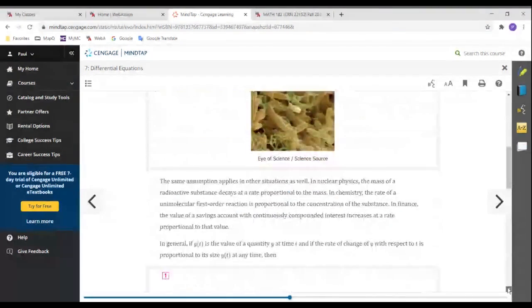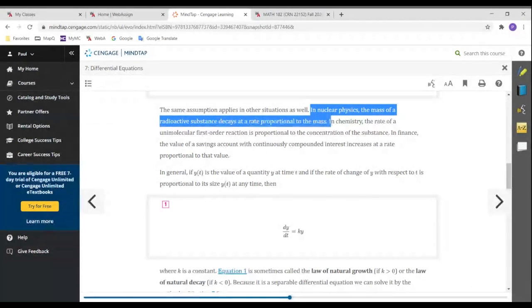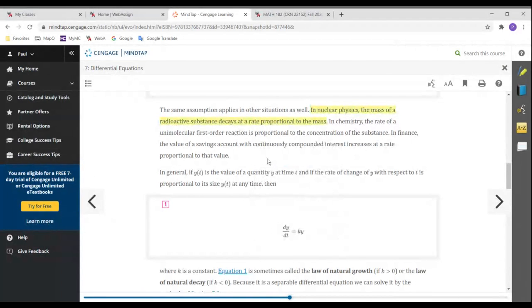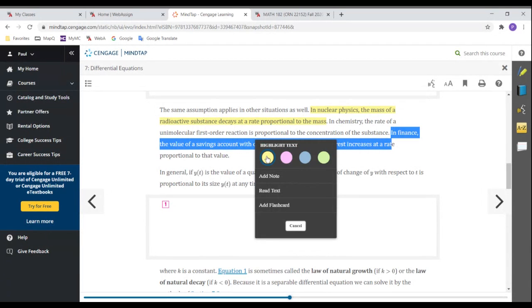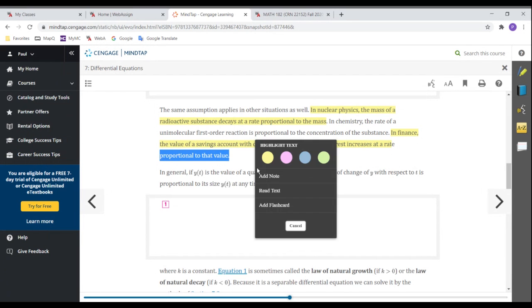So going down here, they mention nuclear physics, where radioactive substances decay at a rate proportional to the mass. And also in finance, the value of a savings account with compounded interest increases at a rate proportional to the value.